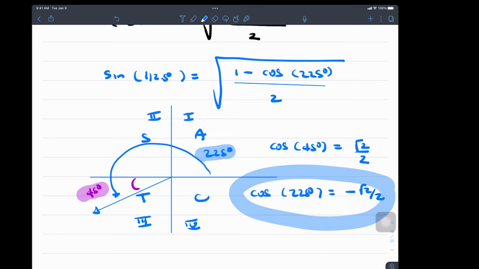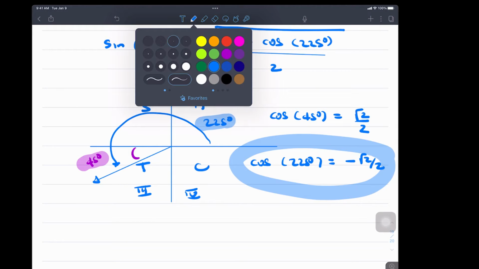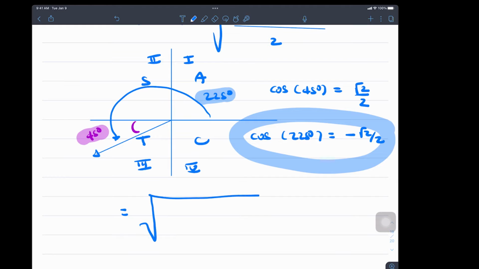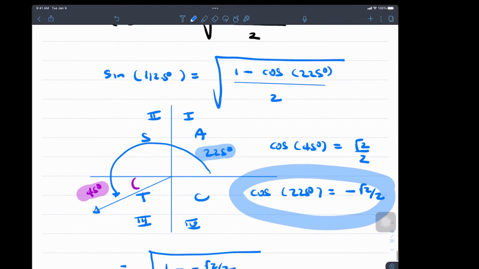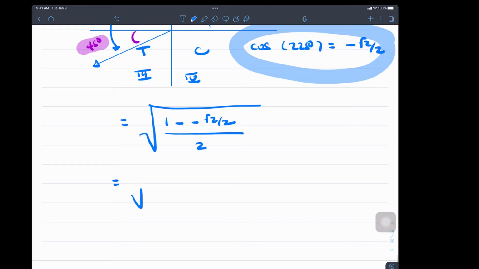Notice how finding exact angles is important. So now this means that we have what? Square root of 1 minus a minus square root of 2 over 2, divided by 2. Is that right? What's minus a minus give you? Plus. And we've seen from past calculations, right?